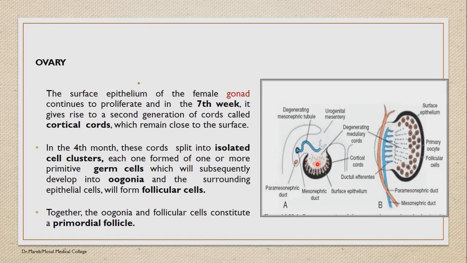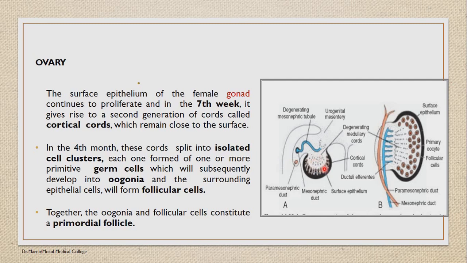Now, the ovary. The surface epithelium of the female gonad continues to proliferate, and in the 7th week it gives rise to a second generation of cords, called cortical cords. These cortical cords remain in close contact with the surface.